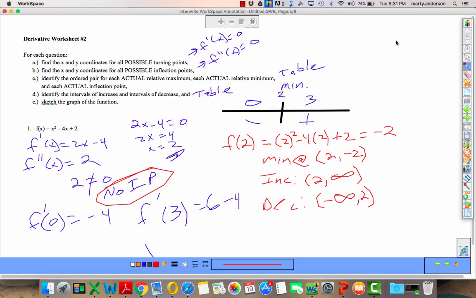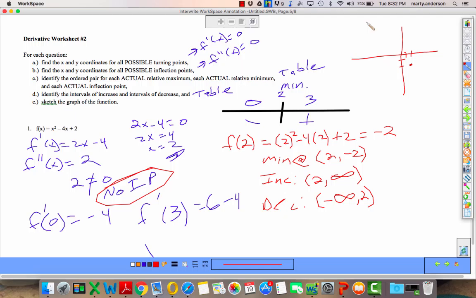Last one. Oh, sketch the graph. We've got a minimum at 2, negative 2. There we go. We're increasing going away. If I really wanted to get crazy, I could calculate some zeros, or I could find another point and plot it up.